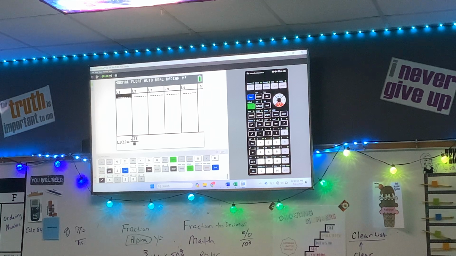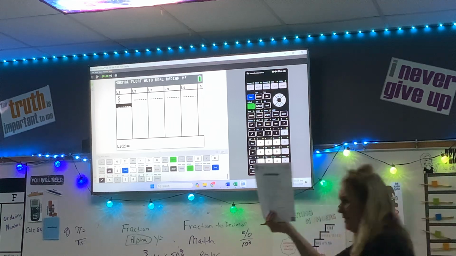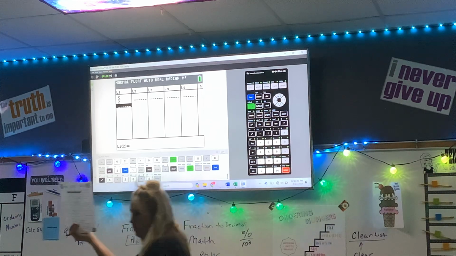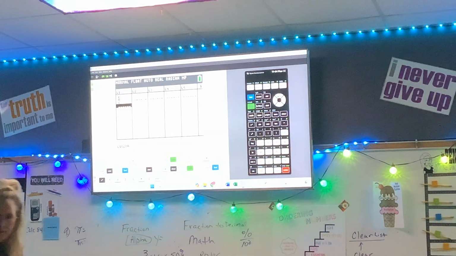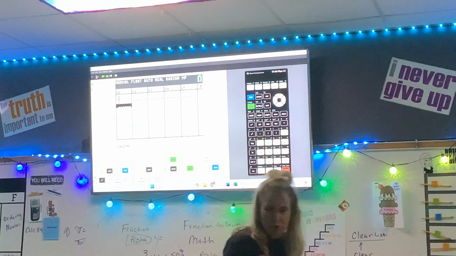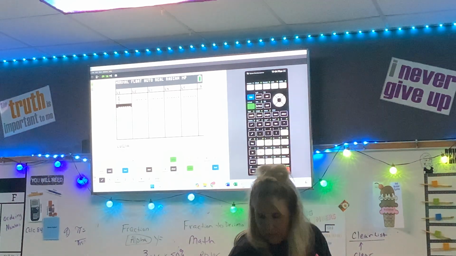Scroll down and type in 2 and hit enter. It changed, so I wrote it beside my square root of 25 over 2. It changed, so I had to write it. That is you showing your work. That should say 31 over 50.